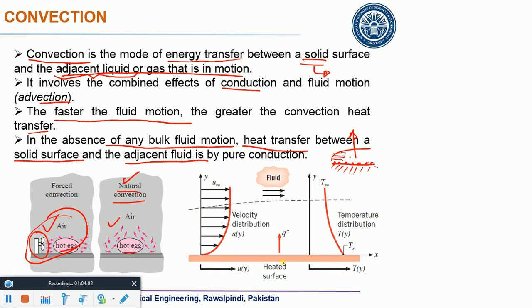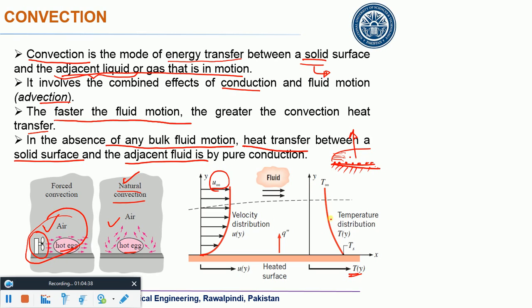Now this is the same figure I have shown you earlier. This is a solid surface, you have free stream fluid over there, you have temperature Ts, and this is the velocity distribution. You remember from your fluid mechanics course the formation of the boundary layer. At this point you have the no slip condition, the velocity is 0 because the solid is stationary, and as you go above the velocity boundary layer, you reach the free stream condition.